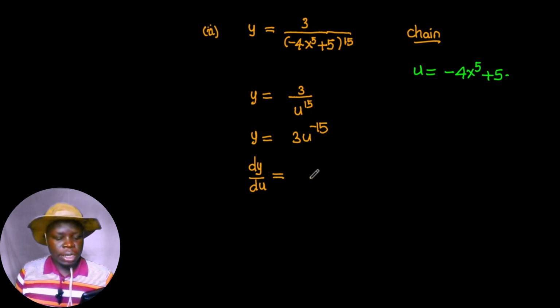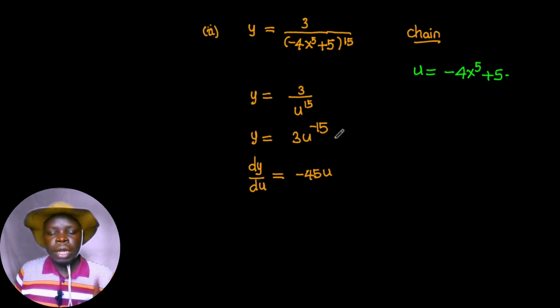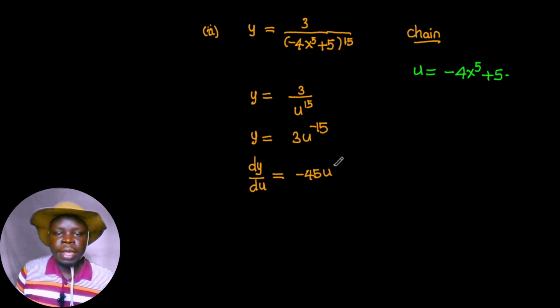We can use our calculator here, 15 times 3, we get 45, so we can write here negative 45, and this multiplies u. And now, according to the rule also, we have to reduce the power by 1. So minus 1 is like negative and negative together added, so we have here minus 16. For that case, that is the derivative of y with respect to u.